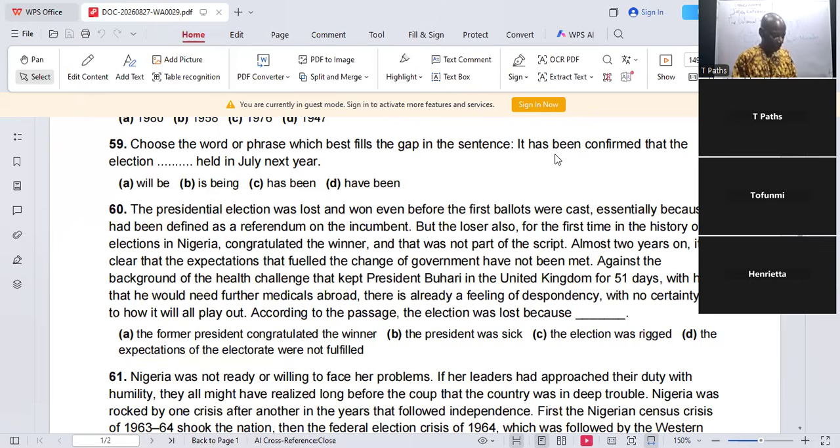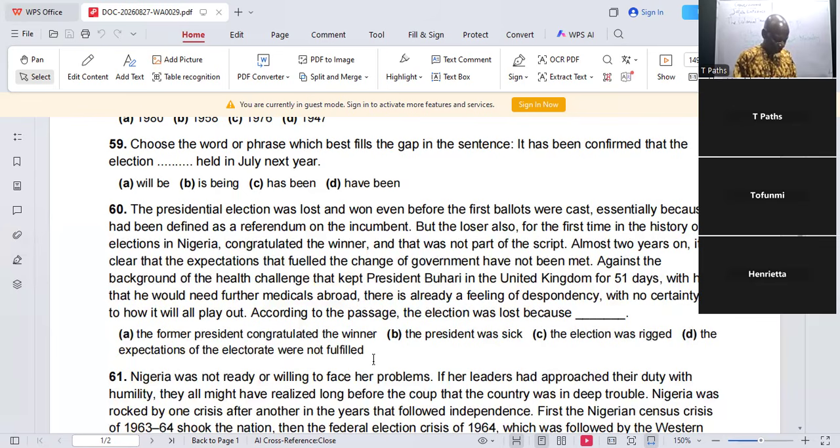You can see, against the background of the health challenge that kept President Buhari in the United Kingdom for 51 days, with hints that he will need further medicals abroad, there is already a feeling of despondency, sadness, with no certainty as to how it will play out.